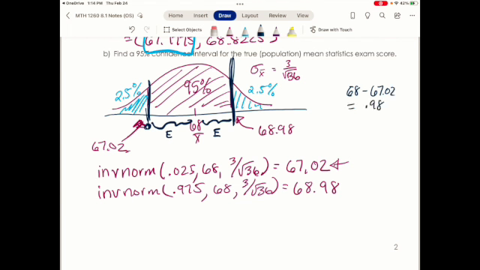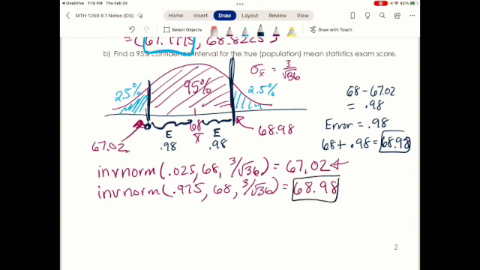That difference gives me 0.98. So I know that my error is 0.98. But that's going to be the same on this side too, because it's symmetric. So to find that other endpoint, I can take 68 and add my error, which is 0.98. That gives me 68.98, which is what we got when we did it using inverse norm. Because of the symmetry, you can do that.